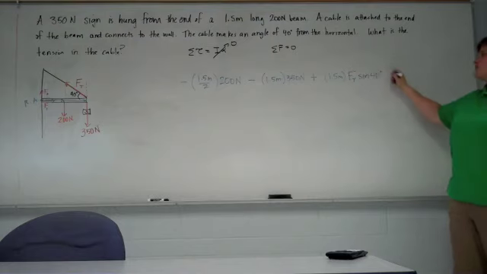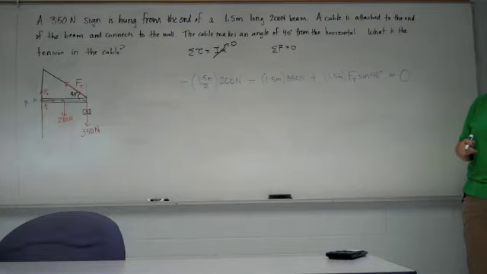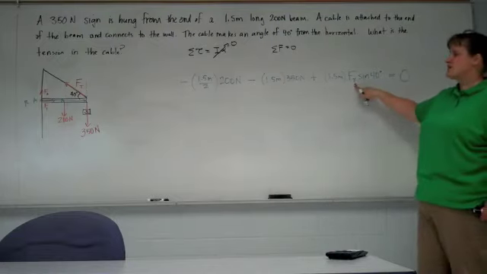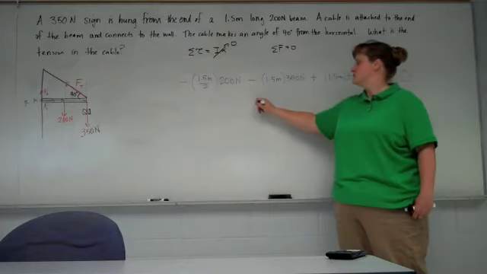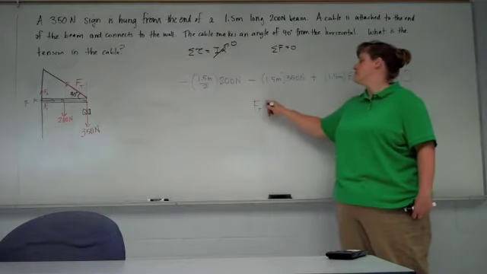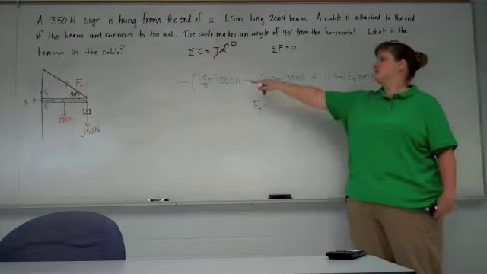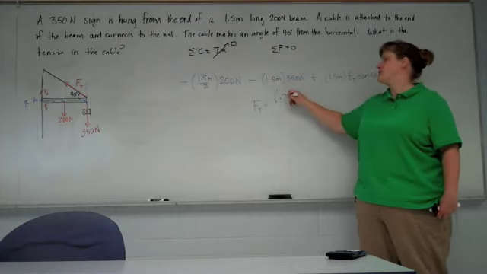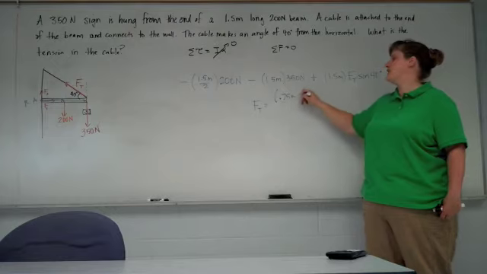So these are all the torques, so this all has to add up to be 0. Force of tension is our only unknown. I'm going to take these guys to the other side. So 1.5 divided by 2 is 0.75.